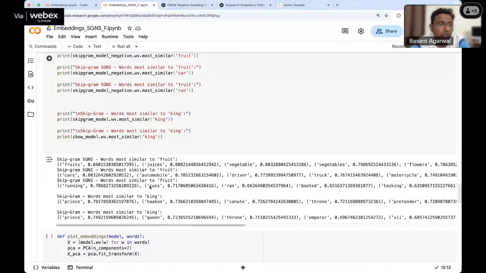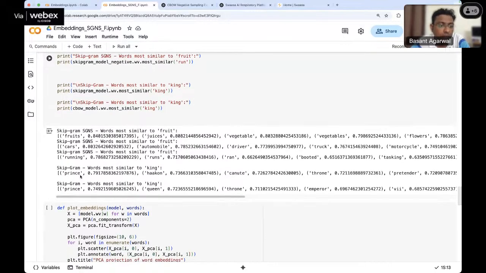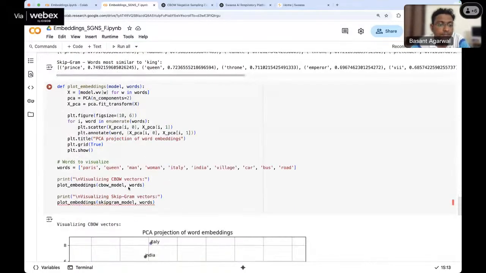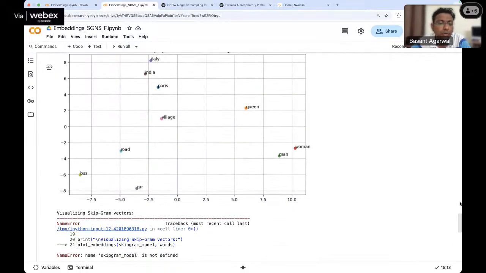Okay. And with the skip gram model and the CBOW model for the word king, you can see prince, hakun, I don't know what this is, but throne is quite close. And prince, queen, throne, emperor, this is giving quite good results, CBOW. Okay, this is the same model.